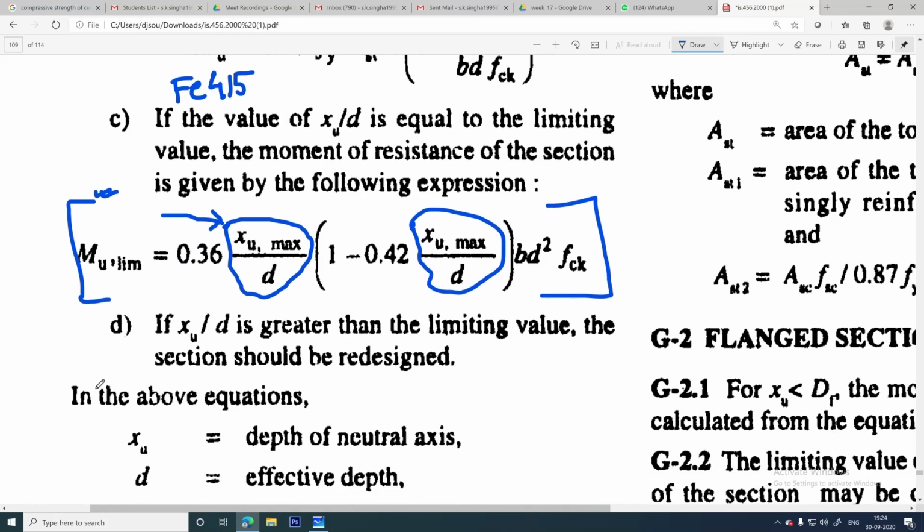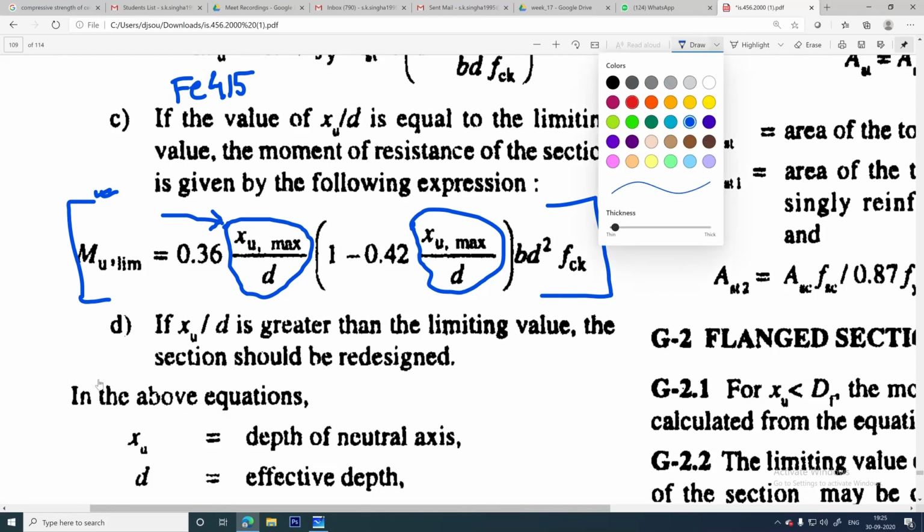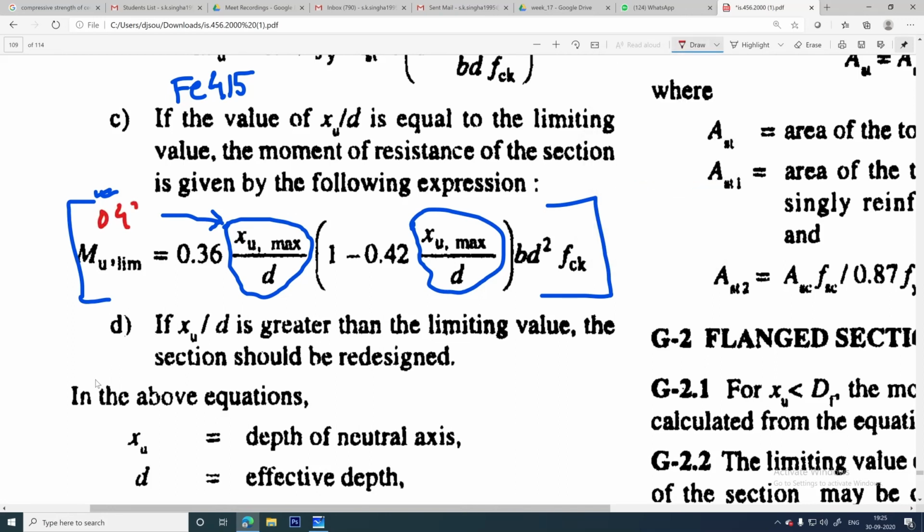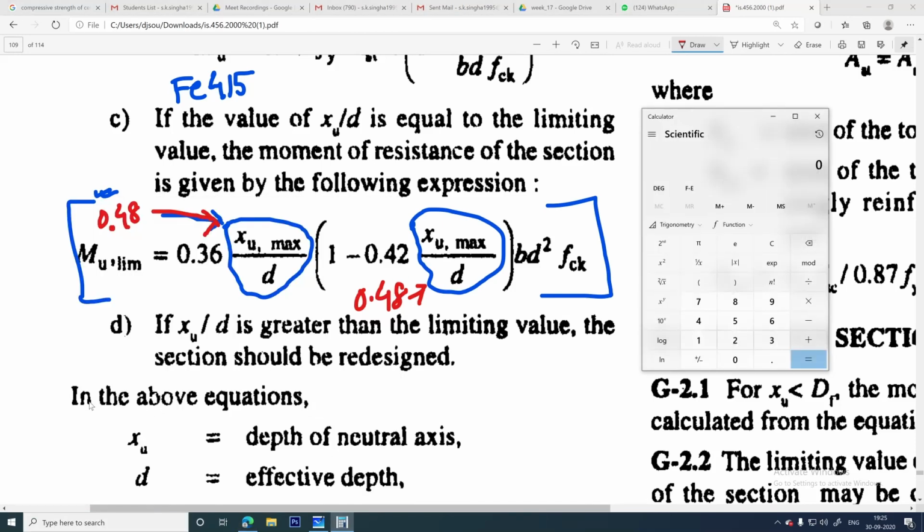So here you simply put the value, that is how much? 0.48, right? That I have shown. 0.48 here also and here also. When you put 0.48 here, that will give you 0.13 fck bd square. Let us show you. Look, I will first solve the portion which is inside the bracket.